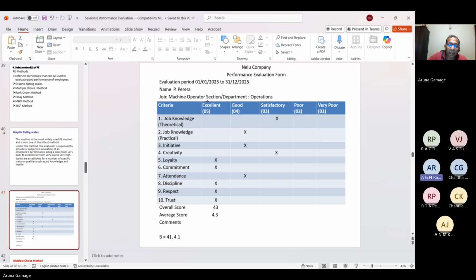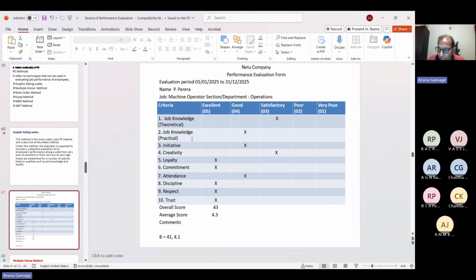Mr. Pereira. Pereira is better because his overall score is 43, average 4.3, but Mr. Nimal's is 41, average 4.1. So Mr. Pereira is better than Mr. Nimal. You can compare employees by using this.